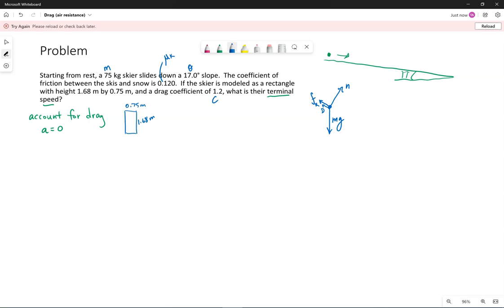And again, terminal speed is reached when the acceleration is 0. The skier will not speed up anymore. We are, of course, also assuming that this slope is long enough for the skier to reach this terminal speed.